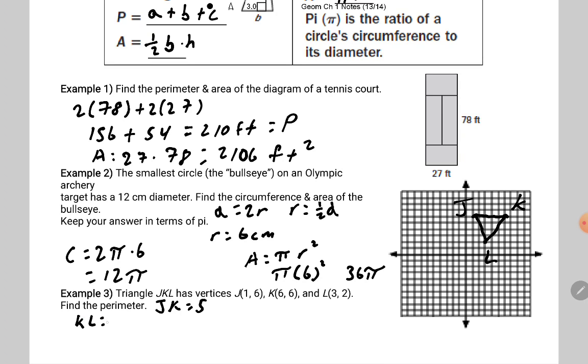So KL equals the square root of, actually I'm going to call this LK, because I'm going to call this my x1, y1, and this my x2, y2. So this is 6 minus 2 squared plus 6 minus 3 squared.